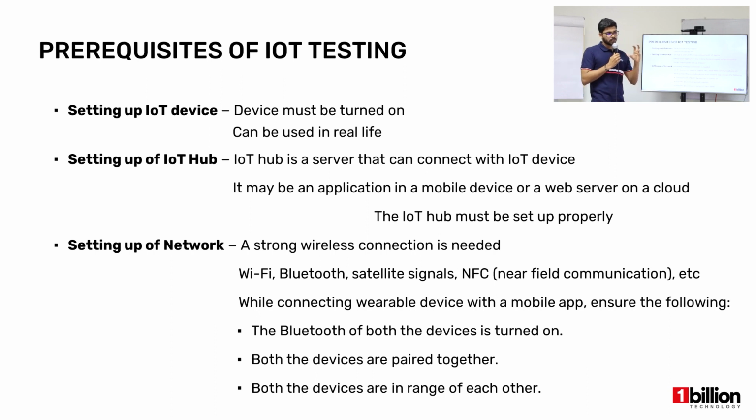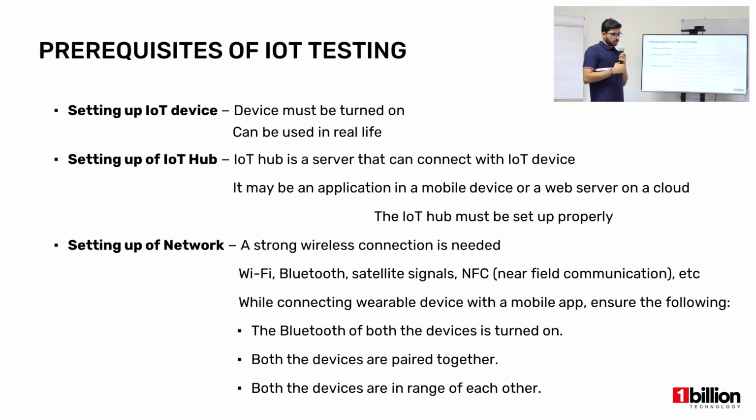Those devices should be in working order, and they should be usable in real life. If we can't use them, there's no need of using them. And most importantly, those devices should be turned on. So when we set up the IoT devices, we must check whether all of them are turned on.